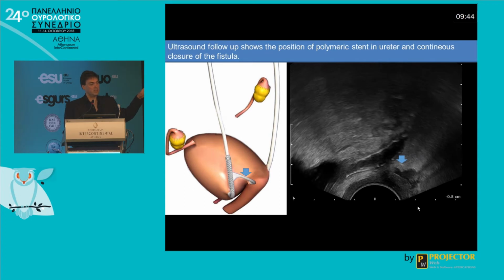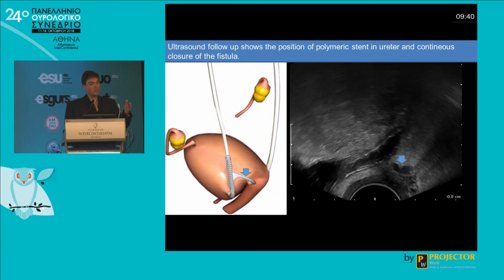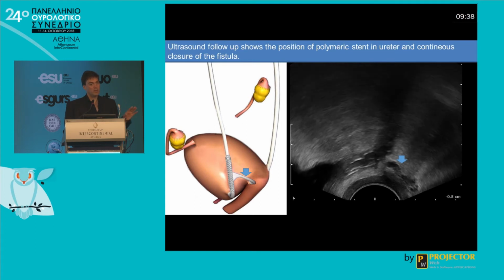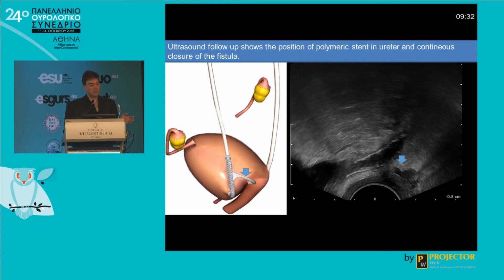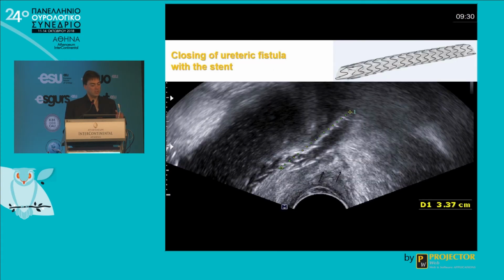The fistula is in this case 3 millimeter open, but if you put it inside, no leakage, the patient is dry, you can wait and relax, and after 6 to 8 weeks you take it out, and the problem is gone.